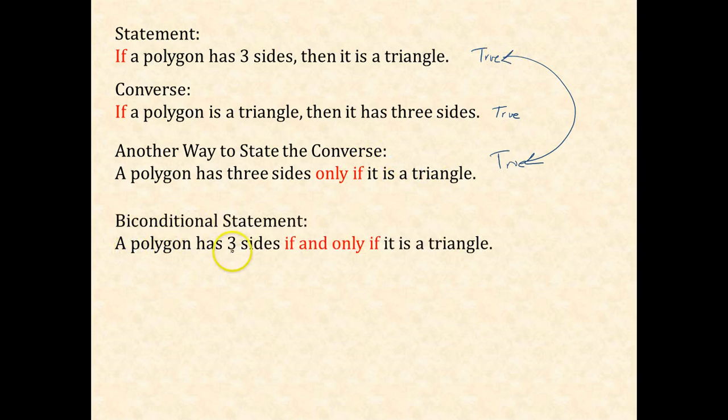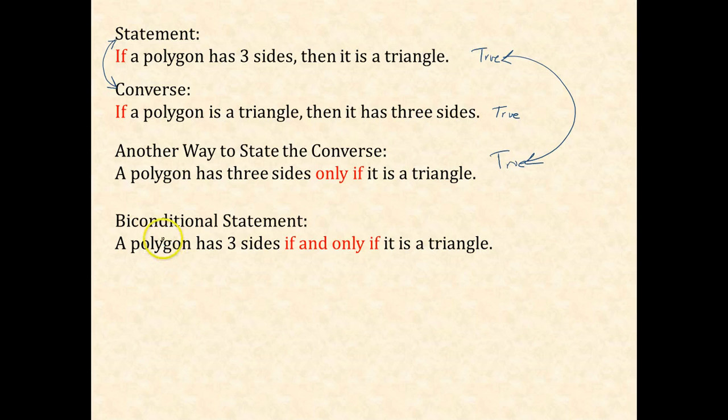You can say a polygon has three sides if and only if it is a triangle. And when you do if and only if, it works in both directions. It means a polygon has three sides if it's a triangle, and a polygon has three sides only if it's a triangle. What it basically means is that the statement and the converse are both true.